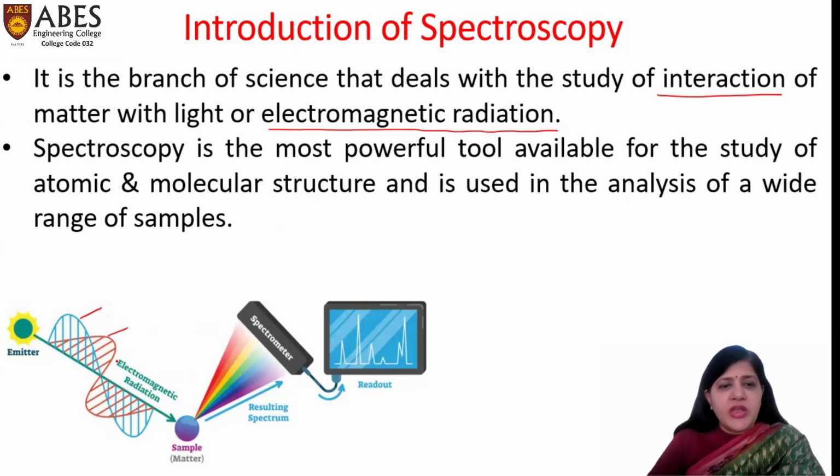When these radiations interact with matter, we study it in the form of spectroscopy. So basically, spectroscopy means study of spectrum, in which we study the different types of spectrum when these electromagnetic radiations interact with the matter.